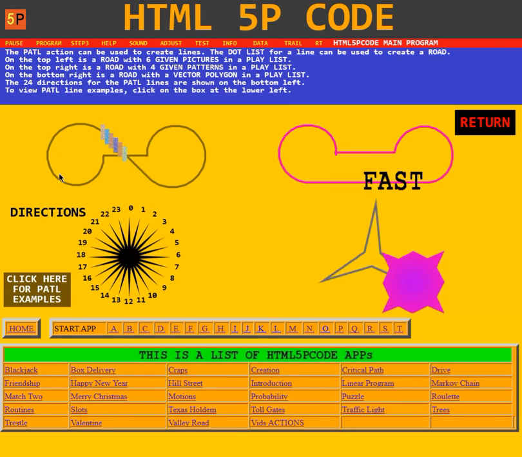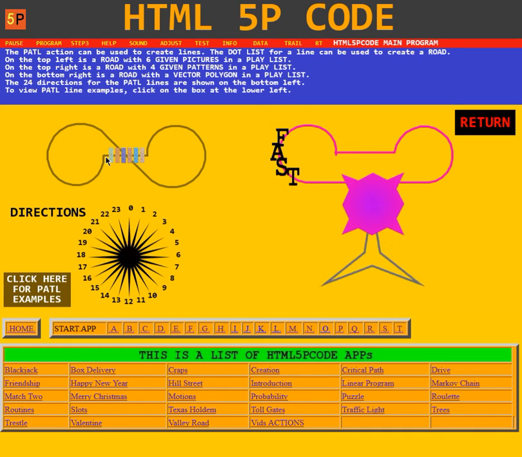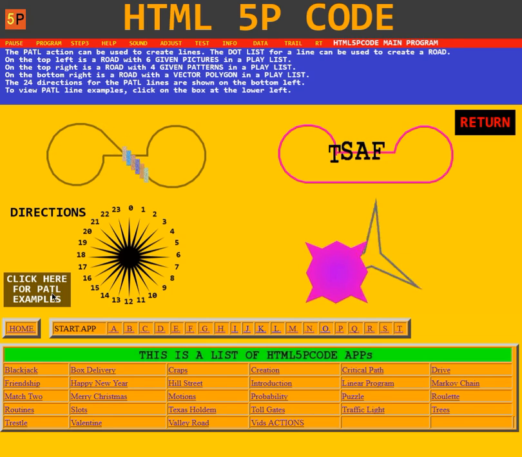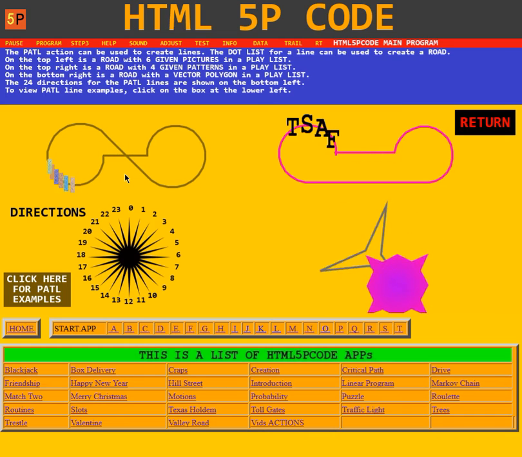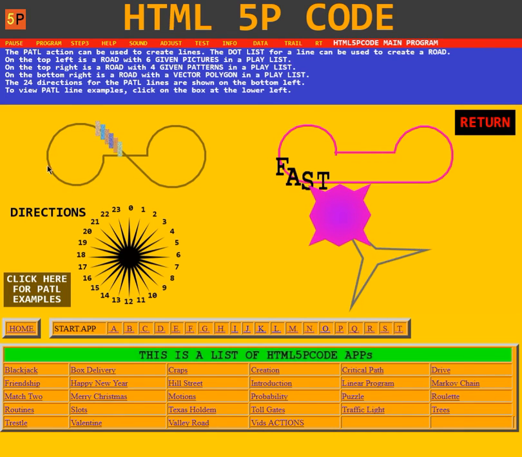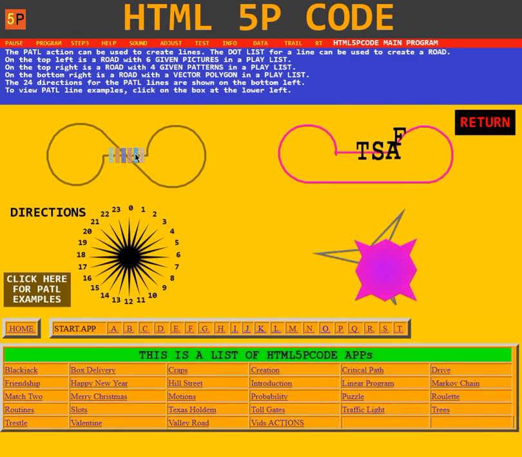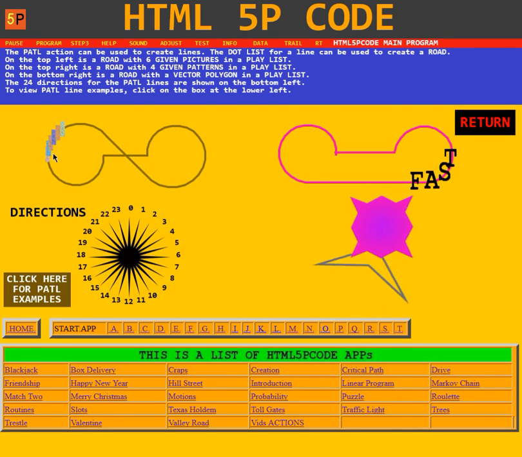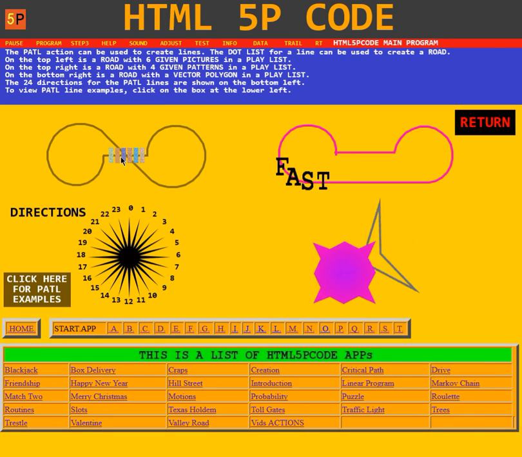This line that goes around and down and over, around and straight across was made with the Pat L action. Then the Road action was used to make the points along the line equal distance apart, so that when something moves along those points, it stays at the same even flow.